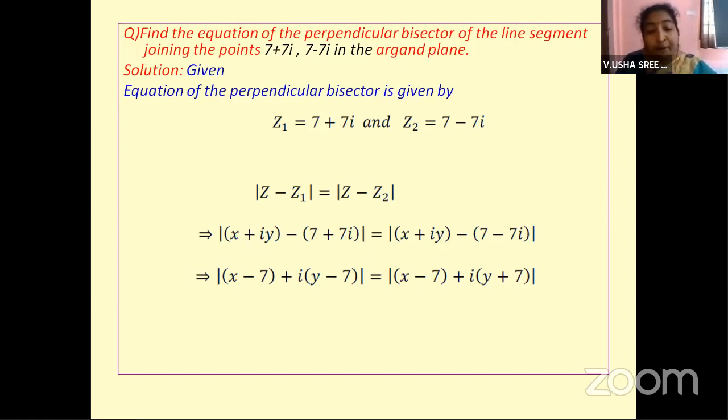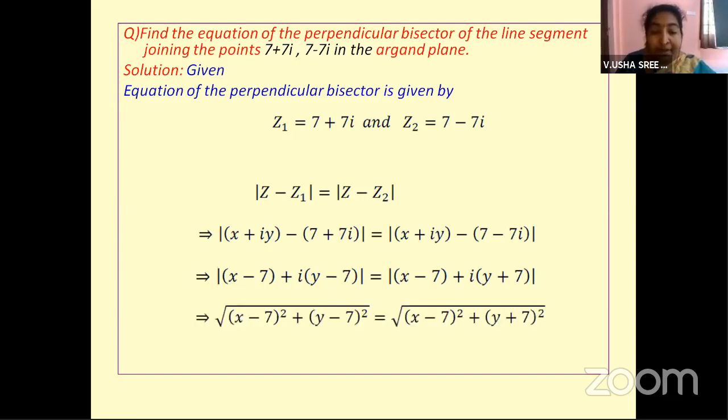Then you will have mod of x minus 7 plus i into y minus 7 is equal to mod of x minus 7 plus i into y plus 7. Then you have it as root of x minus 7 whole square plus y minus 7 whole square is equal to root of x minus 7 whole square plus y plus 7 whole square.